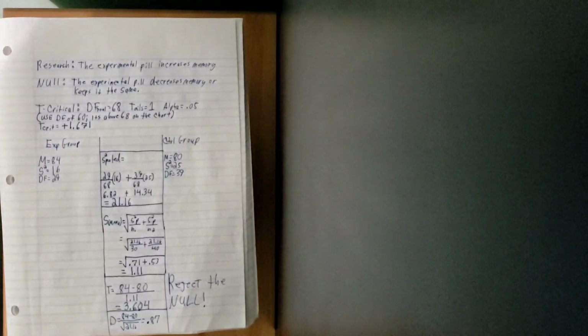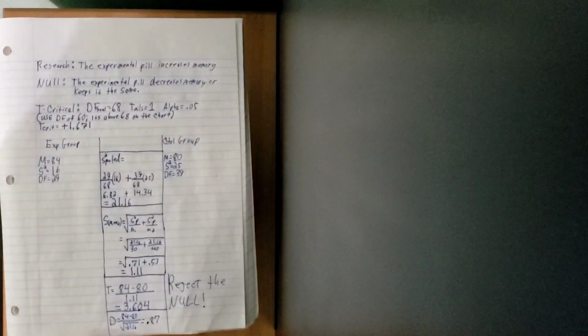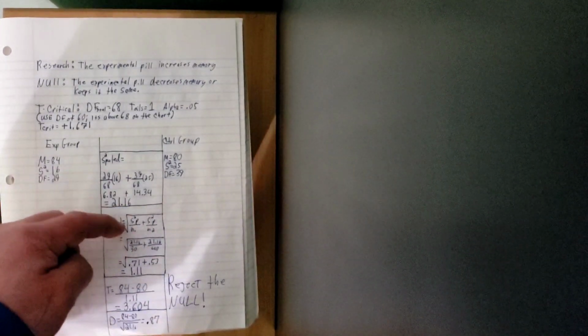Okay, next we need to get the standard error of the mean difference. Now I labeled that S of M1 and 2, like I told you in class, so no one got confused with the difference word because you're adding in this formula. So the way you do that is you take the square root of that pooled variance over N1 plus the square root of that pooled variance over N2.